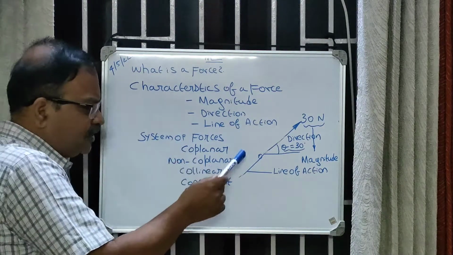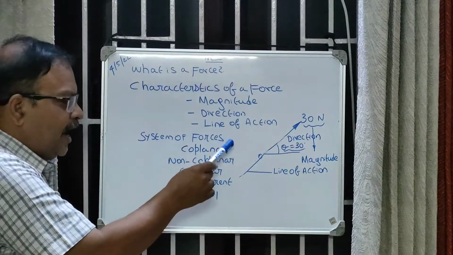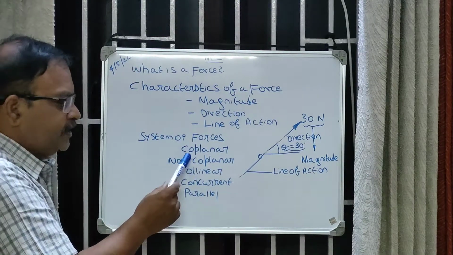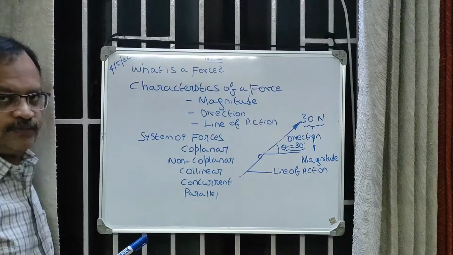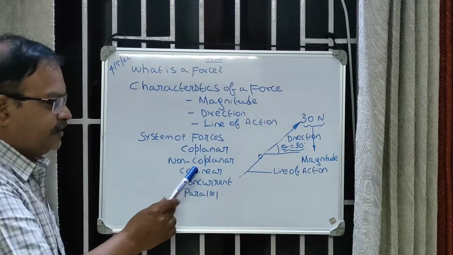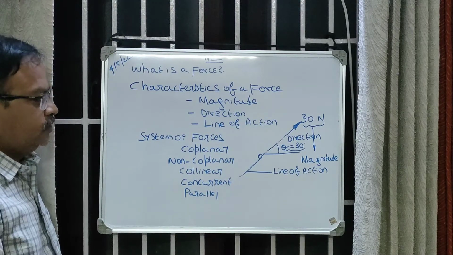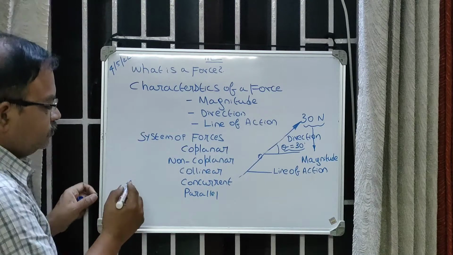When all the forces act on the same plane, that is called as coplanar forces. When the forces act in different planes, then they are called as non-coplanar forces. So let me show it here.